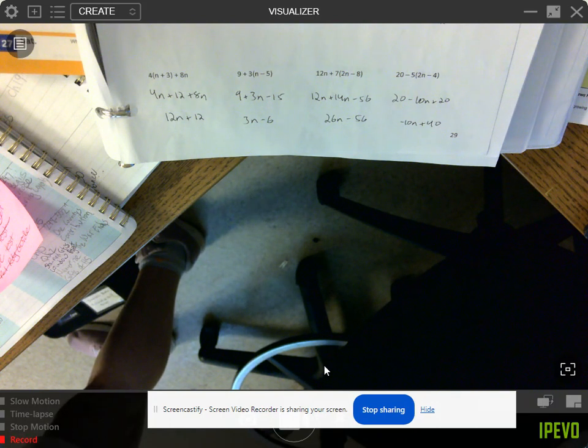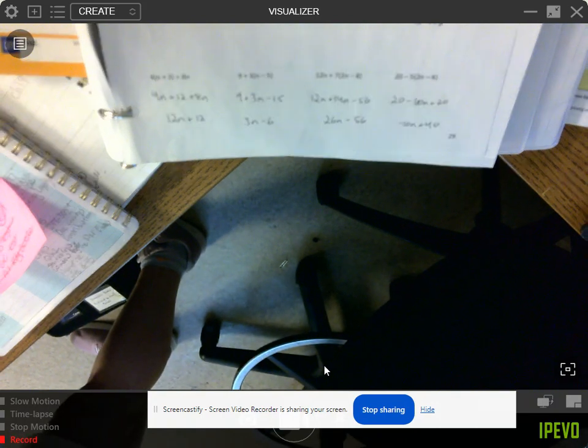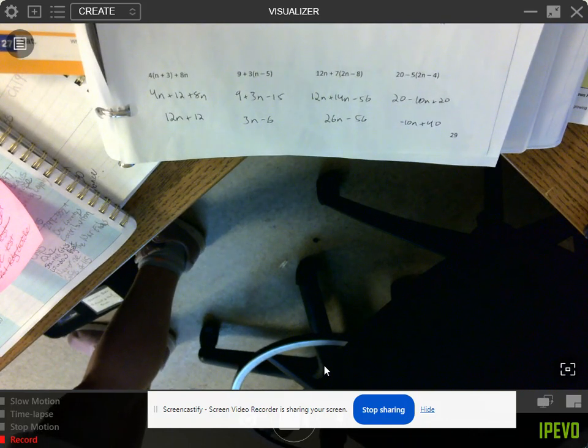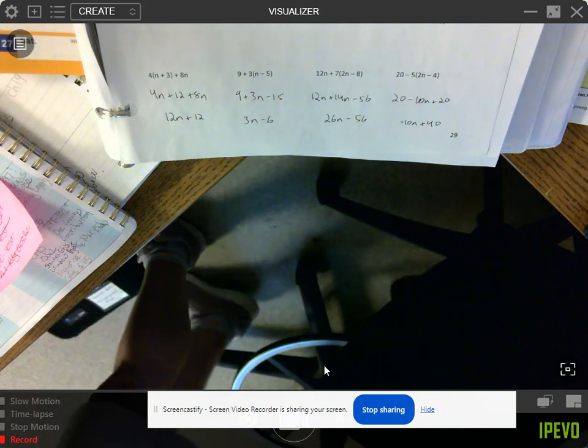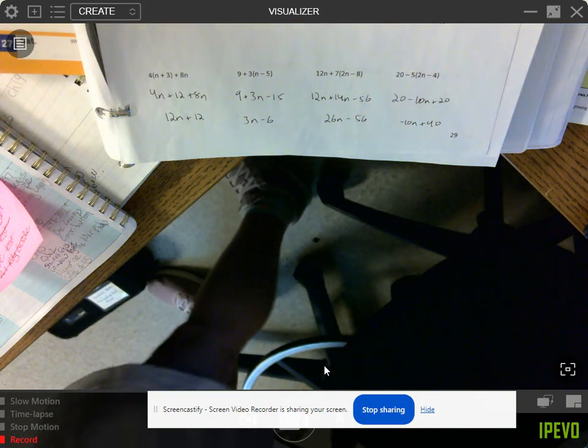Peyton, you are going to take your time. You are going to pay attention to the like terms, that you're not combining unlike terms. You are going to pay attention to if it's a minus and negatives. So really pay attention to them, so we are doing it correctly. You're going to bring it up. I'm going to check it off.